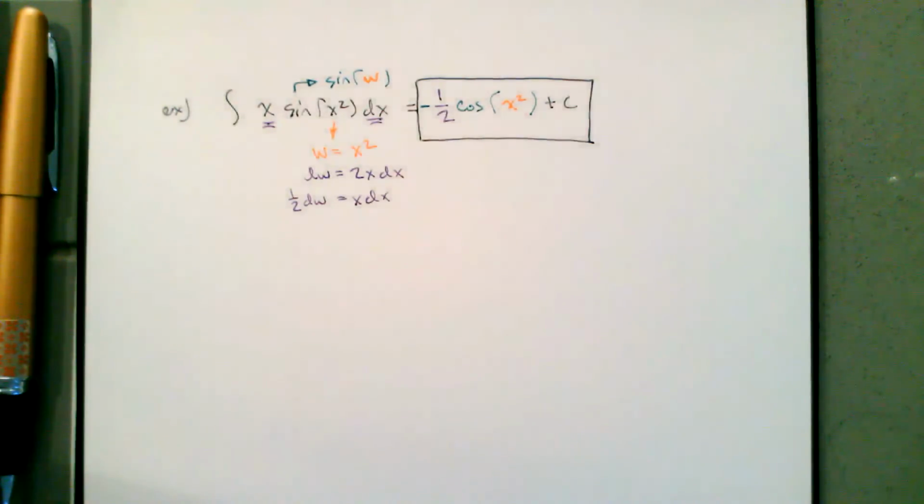It wasn't a parts problem, it was substitution all along because we had something that we could identify as the inside, and the x in front of the sine was something that could be the outside function. Let's pretend that we didn't see this was substitution.